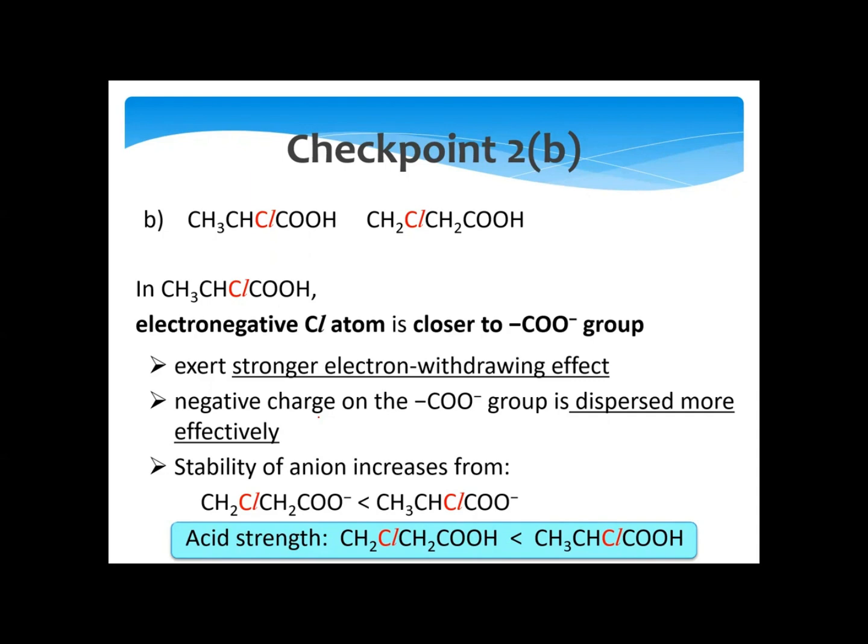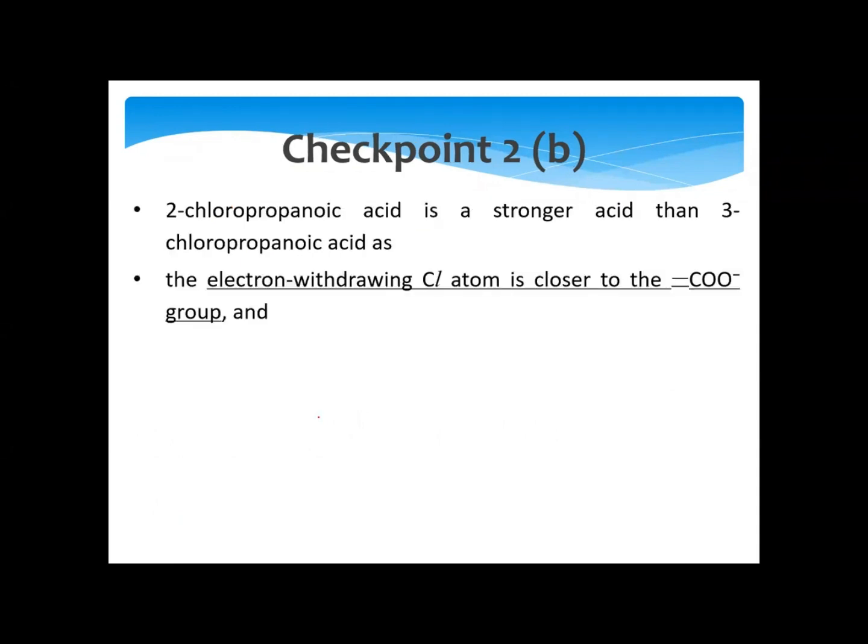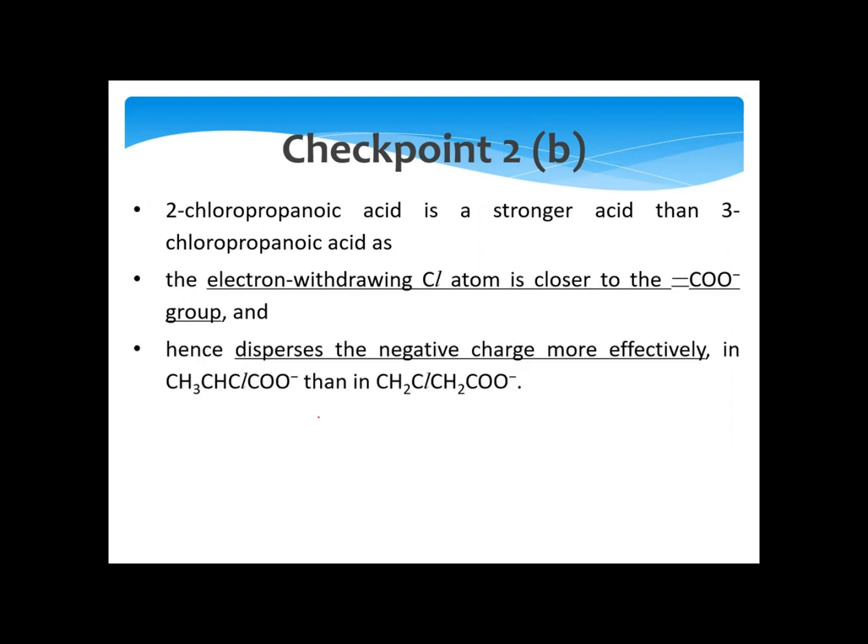2-chloro versus 3-chloro. So if you're going to write it out in prose, we will say that the electron withdrawing Cl group is closer to the COO minus group for 2-chloropropanoic acid, disperses the negative charge more effectively in the anion, and then say which anion is more stable than which anion.